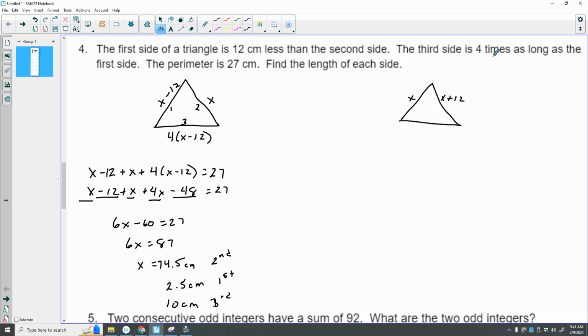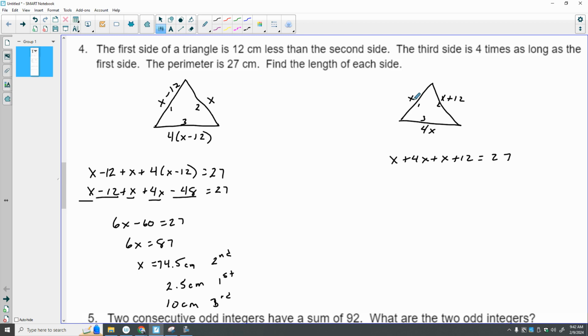And the third side is 4 times as long as the first. This is my first, this is my second, this is my third.